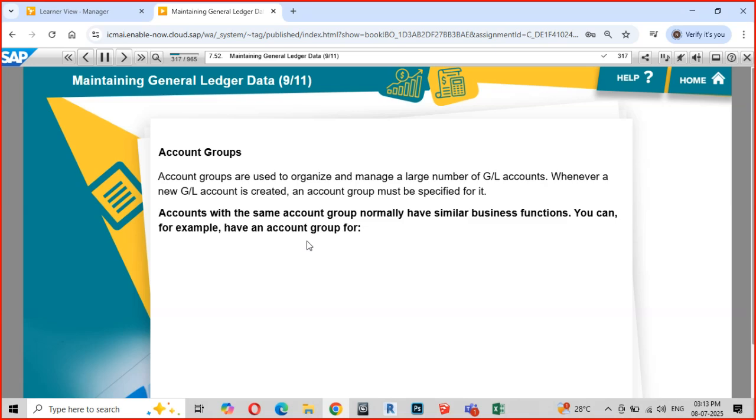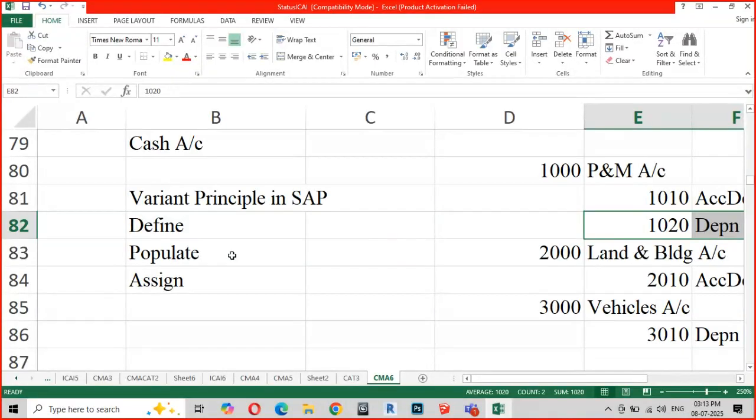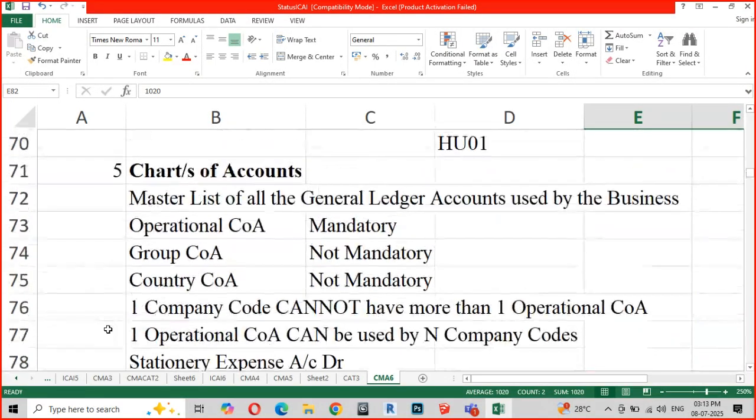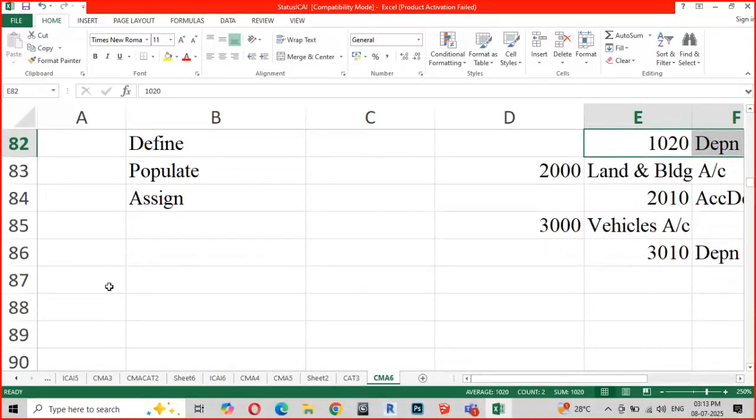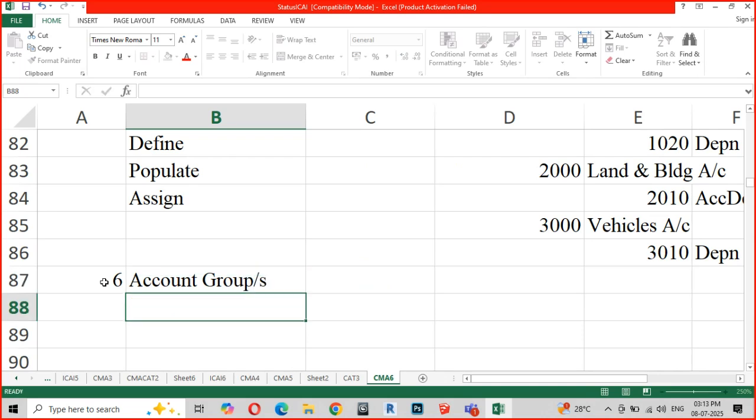Now, account groups. What is the meaning? This is another organizational element. Account group or account groups.